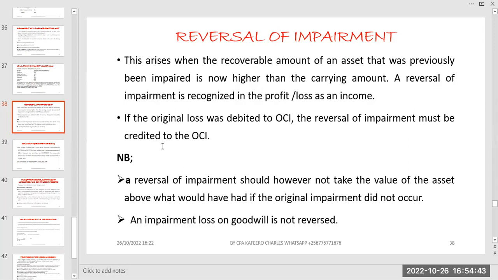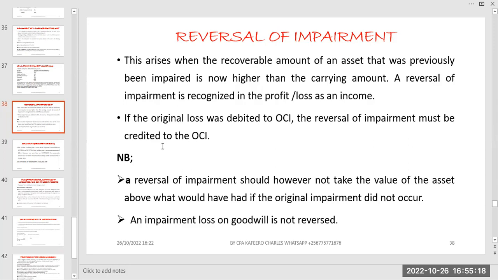What we mean here is that if the asset was previously impaired and now it is increasing in value, what are we going to record in the financials? It shouldn't take more value than it would have had before it got into that scenario of being impaired. Those are the things we are going to look at when we do the question.